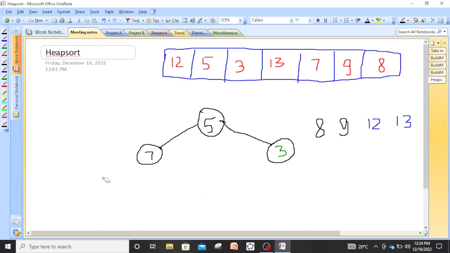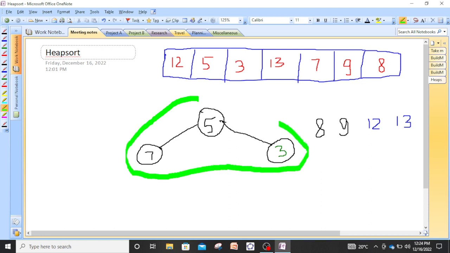And now again we heapify the root node. For that you have to concentrate on the root node with its children.